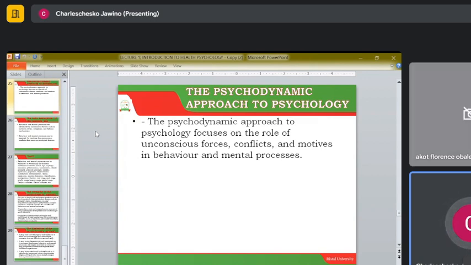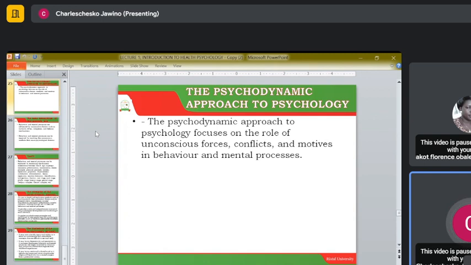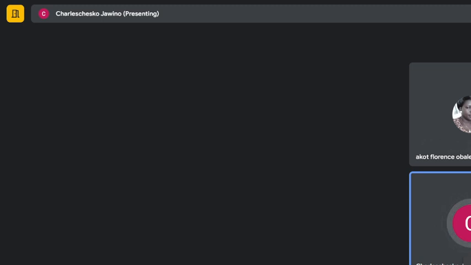There are other things which happen. We have unconscious forces that push us to do them. You do it involuntarily, sometimes without even knowing that you have done it. That's what the psychodynamic approach to psychology tends to tell us. The main assumption is that behavior and mental processes are influenced by unconscious factors such as instincts, drives, complexes, and defense mechanisms.